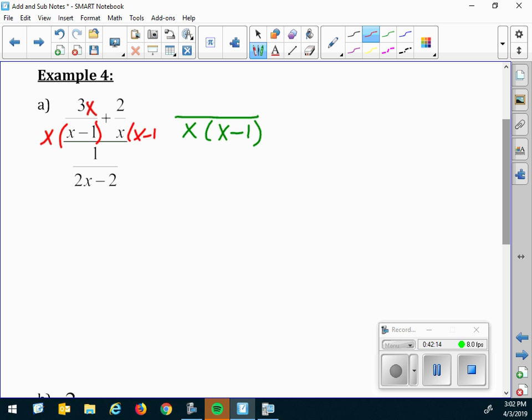X minus 1. So what have I got? 3x plus 2x minus 2. I don't need to find a common denominator in the bottom because I just got one fraction.